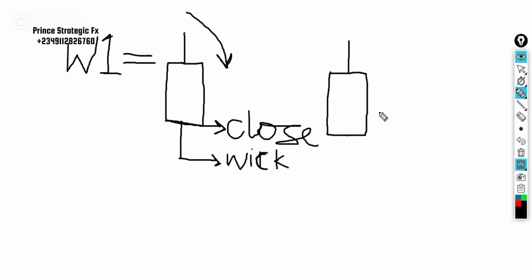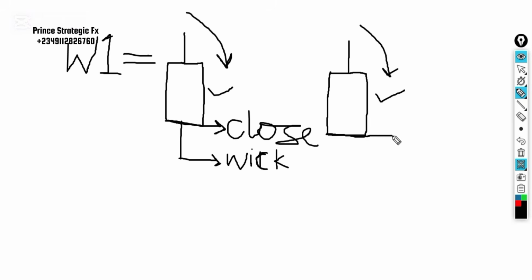Now, when you have a bearish candle, that is, if the price is dropping, if the price is coming down, this here is a bearish candle. So when you have a bearish candle just like this, you only need to pick your close.